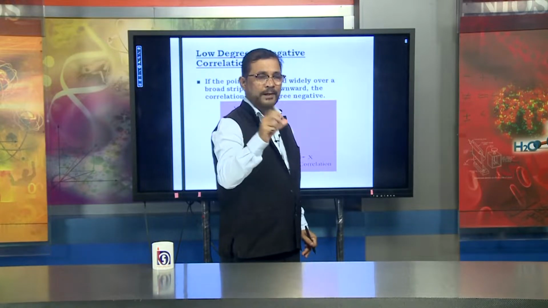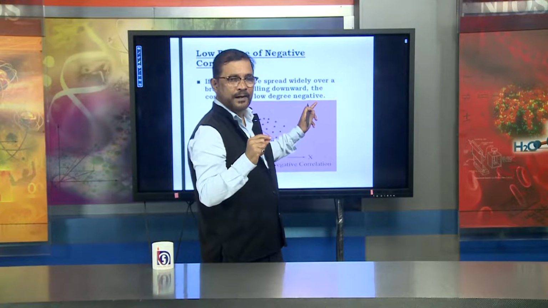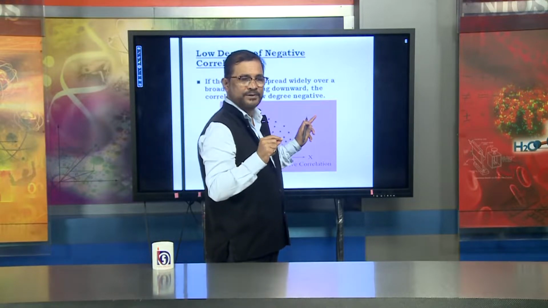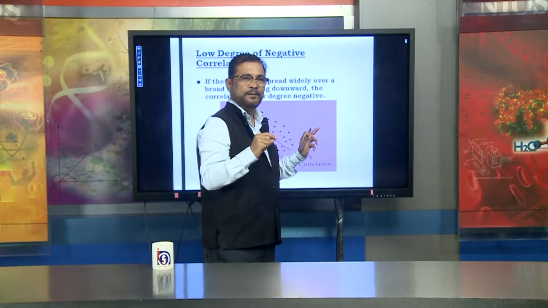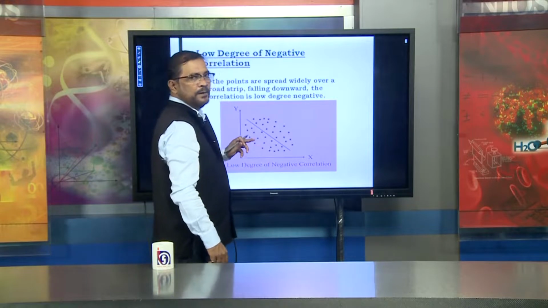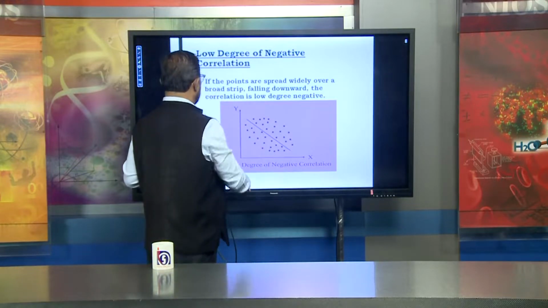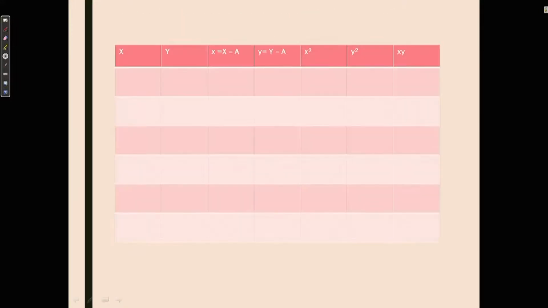We will take the statistical data and use the formula suggested by Karl Pearson, coefficient of correlation, and Spearman rank correlation. On the basis of that, we will learn how to calculate and the methods of calculation. See, the formula is there. See, the table is there.